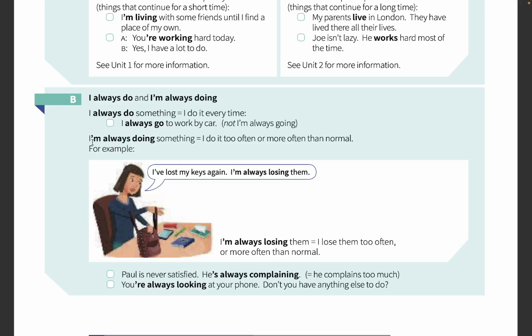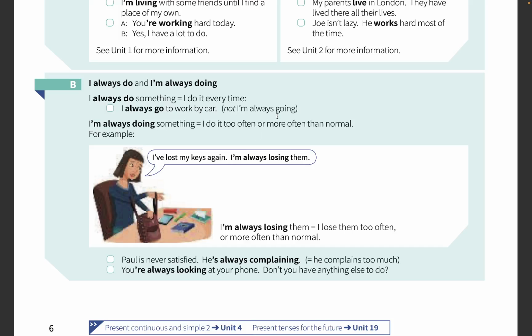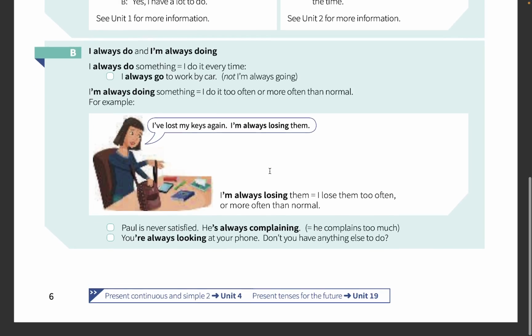If you want to use I'm always doing something, you do it often or more often than normal, but not always, not every time. For example, I've lost my keys again. I'm always losing them. I'm always losing them also means that I lose them too often or more often than normal.